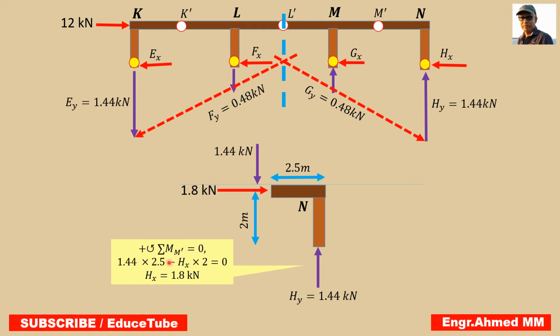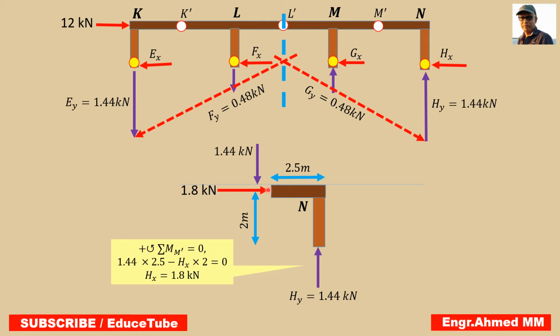I wrote M prime because I am taking moment about this point, and it is M prime. So this is correct. So if I take this moment about, surely I can get 1.44 into 2.5.